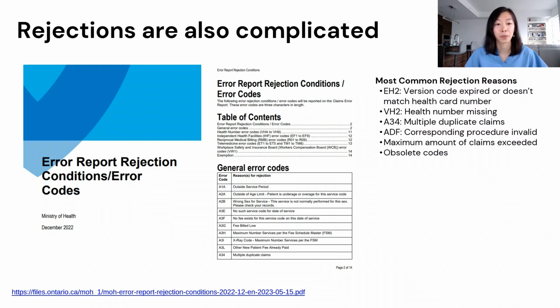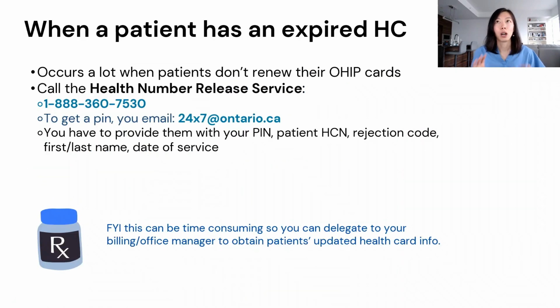Now, the most common reason why some billing codes get rejected is because some people have expired health card version codes. When I started practice, I didn't know this until someone told me about it, and it's not really easily found information. So that's why I try to advertise it in my slides.